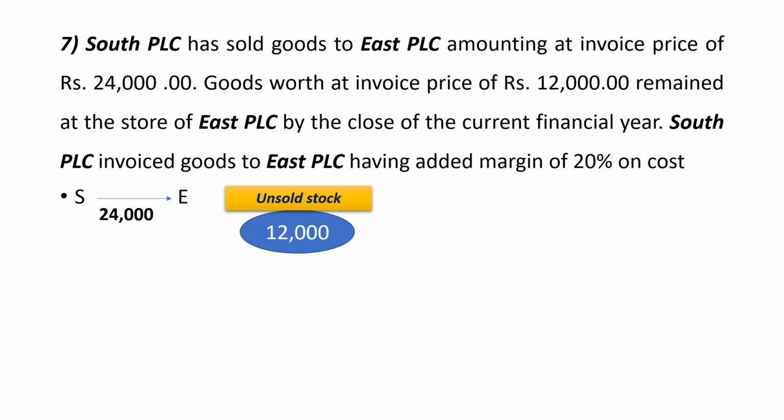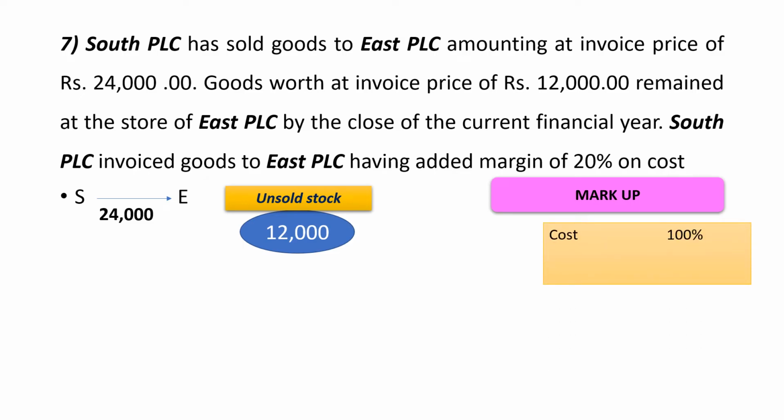Now we have to calculate the unrealized profit. In the latter part of the adjustment, it says South PLC invoiced goods to East PLC having added a margin of 20% on cost. So normally when a margin is indicated with the cost, it's also known as the markup. So when the cost is 100, we are assuming the profit is 20%.